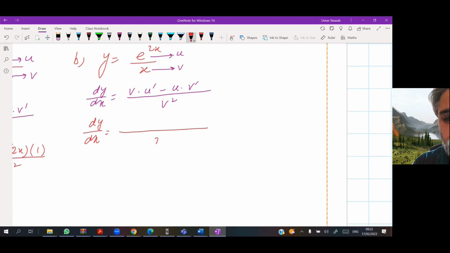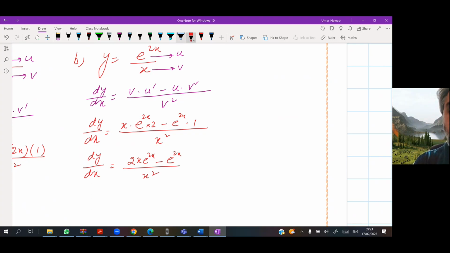Whatever the denominator, you put a square on it, and put the denominator term as it is. What is the derivative of e raised to 2x? Same thing, but further the derivative of 2x is 2, minus e raised to 2x as it is. The derivative of the denominator x is 1. We can simplify by taking e raised to 2x common, or keep it as it is: 2x e raised to 2x minus e raised to 2x over x squared. I think leave it here because nothing will be cancelled from the denominator.